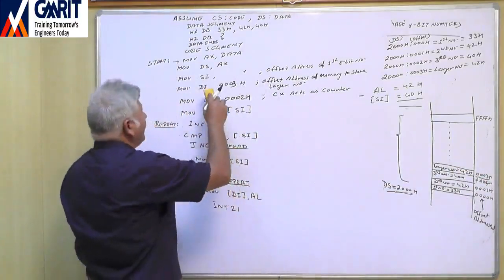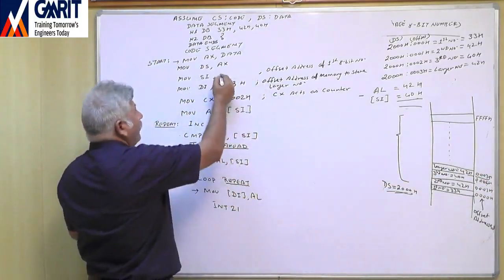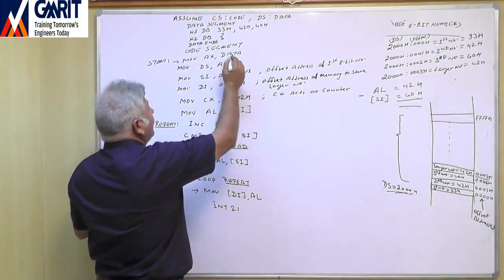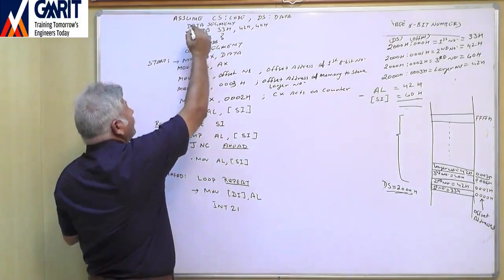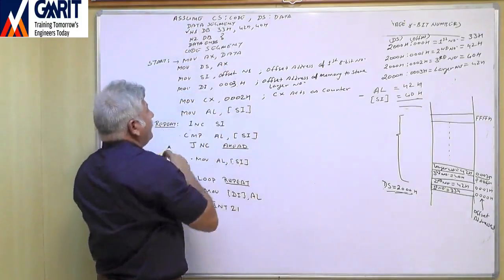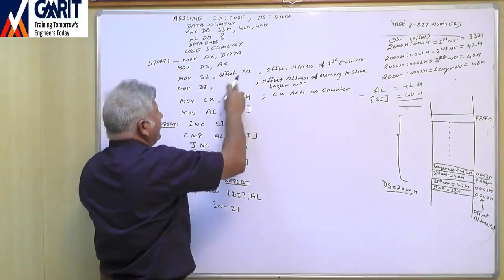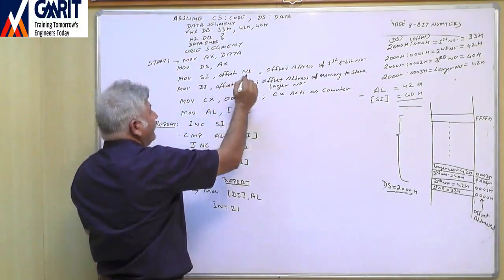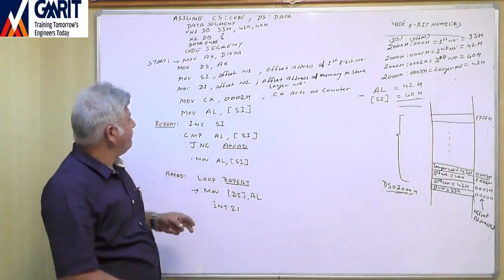So for this, I will write here offset N1, right? Because for our source of the data, this is N1. For the destination, I will write offset N2, right?